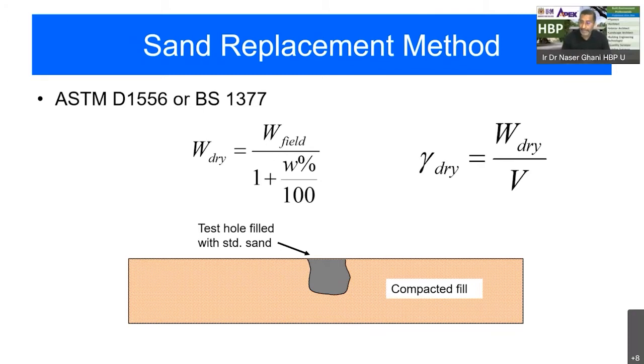Why is this a standard sand? Because this so-called standard sand has a standard property. The kind of sand that we use in this sand replacement method test is a sand that has passed the 600 micrometer (0.6 mm) sieve, but is retained on the 300 sieve.